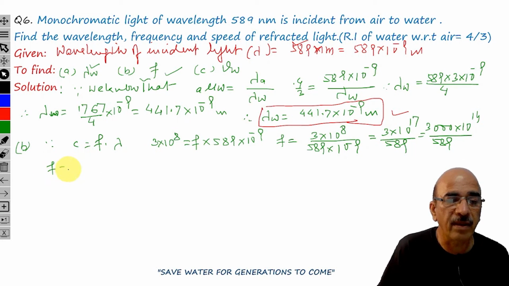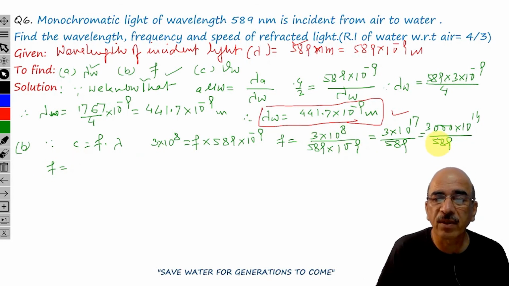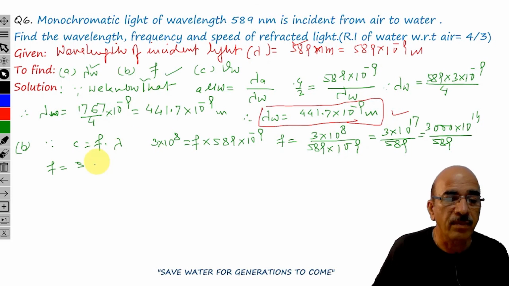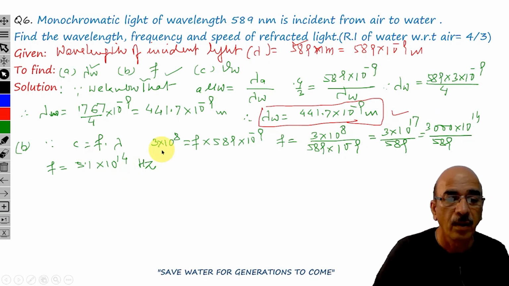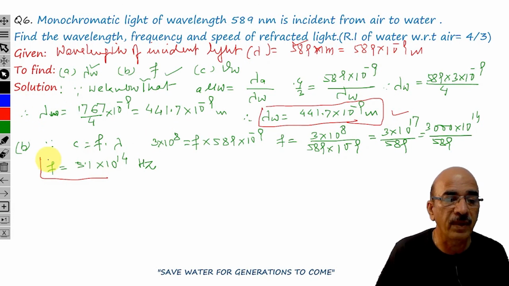When we solve this frequency, 5 5s are 25, and after that how much? So the answer comes out to be 5.1 into 10 raised to power how much? This is 14. Okay, 14 hertz. So the answer is 5.1 into 10 raised to power 14. So this is the frequency of light here. This also goes in our rectangular box. Same way you can do it in the exam.